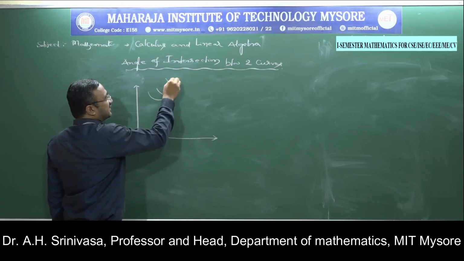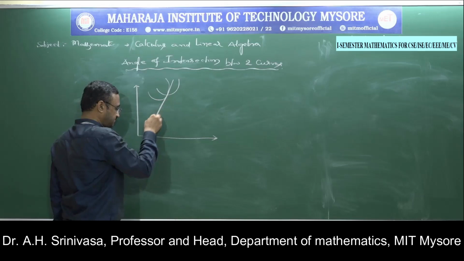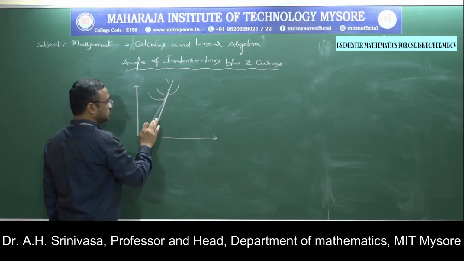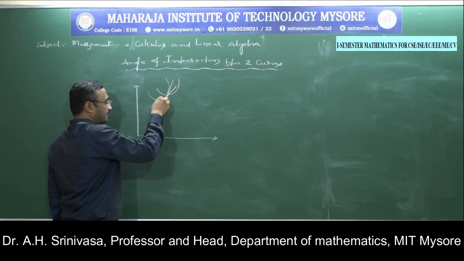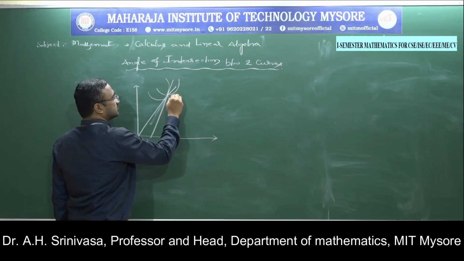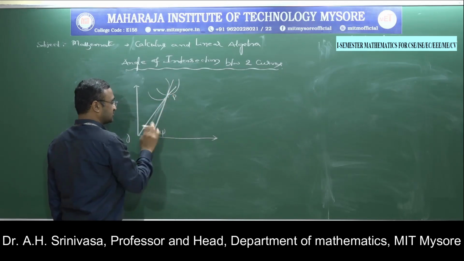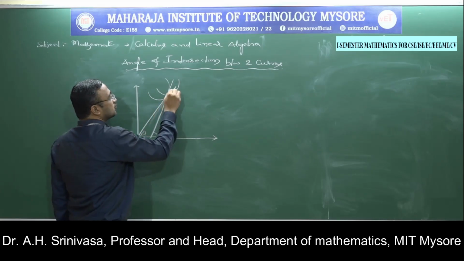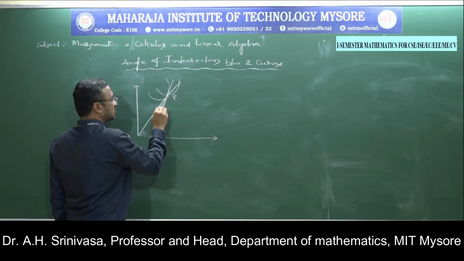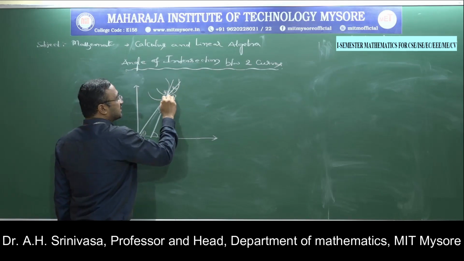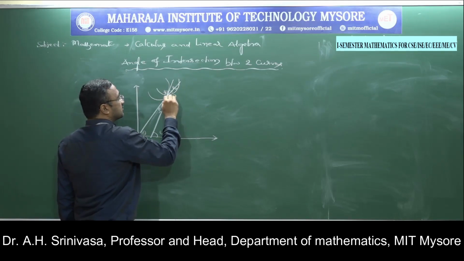Both curves have the same tangent, and the radius vector is there, O. This is P. As usual, this is psi, and this is theta. Here we have phi 1, and one more, phi 2. Here an angle will be obtained, that is called phi 2.